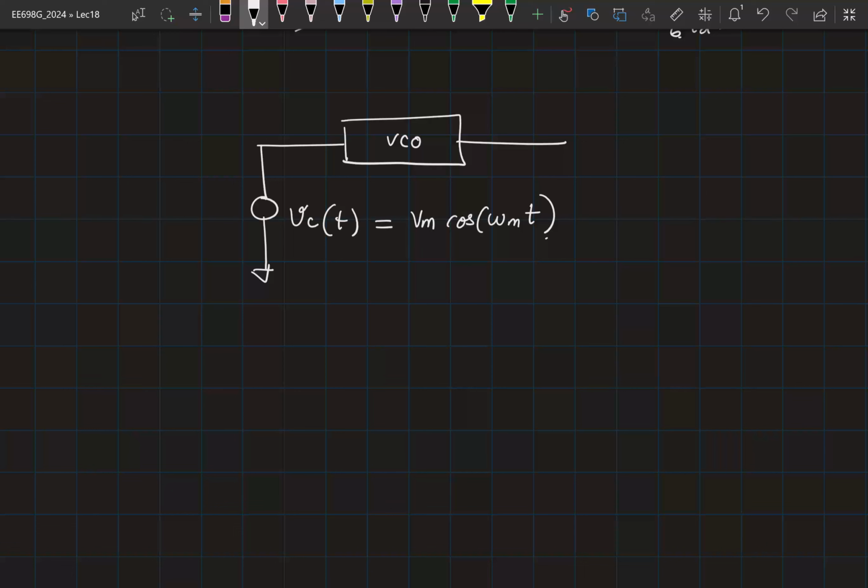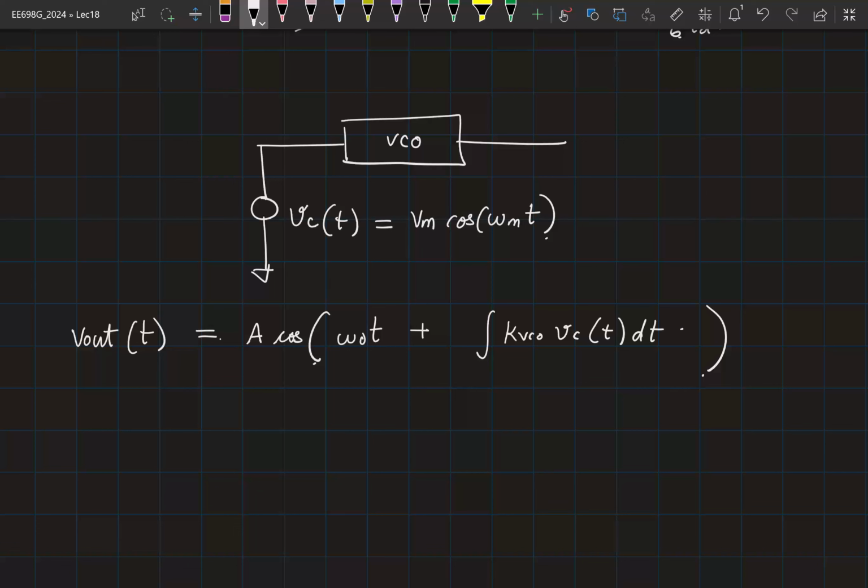Okay, and then we saw how to write an expression for V out of t. What is V out of t? This is some A cos of the total phase, where the total phase is omega naught t plus integral of kVCO into Vc of t dt, right?